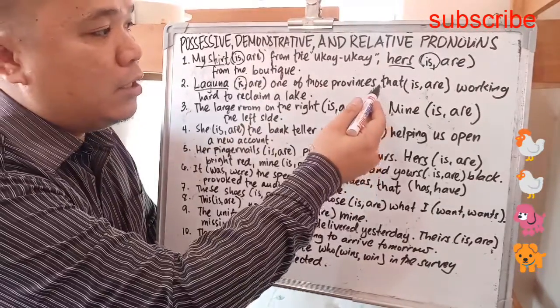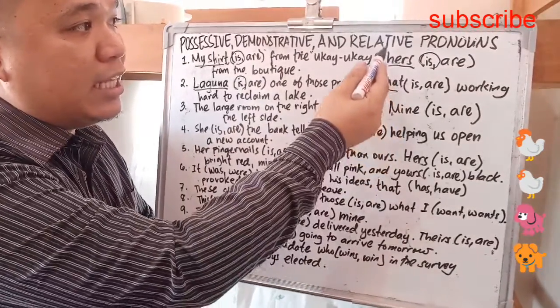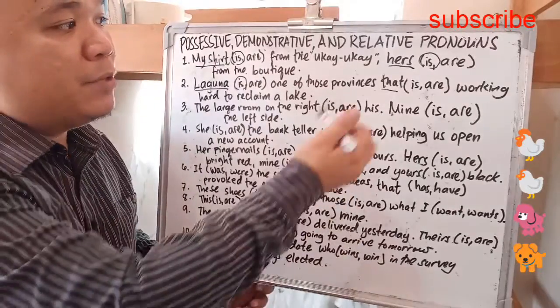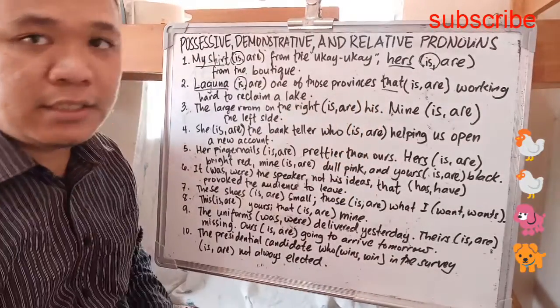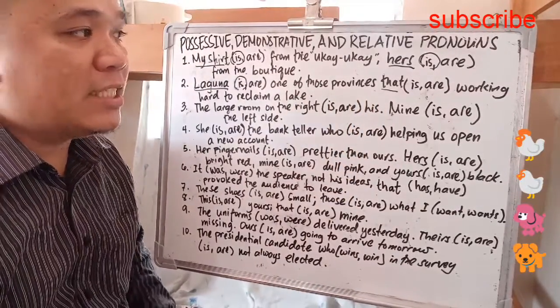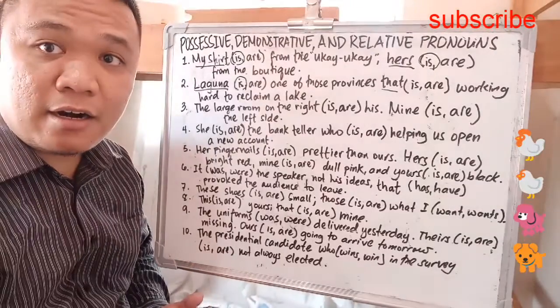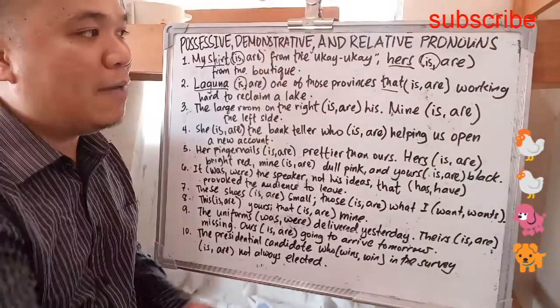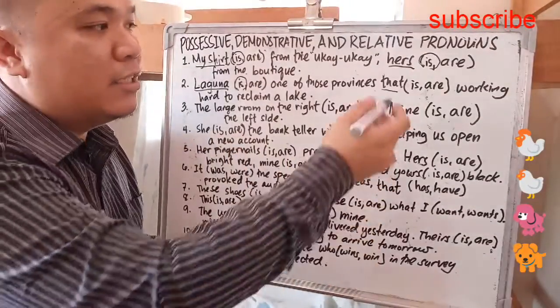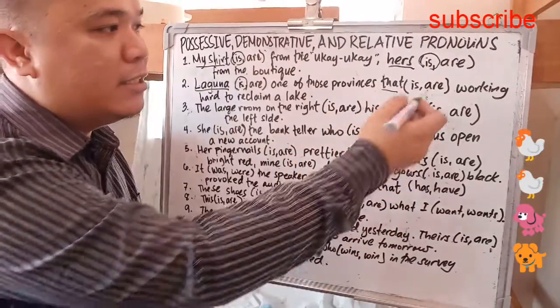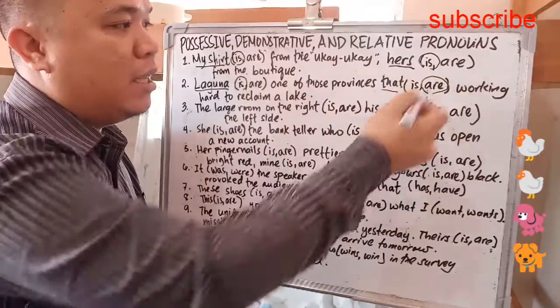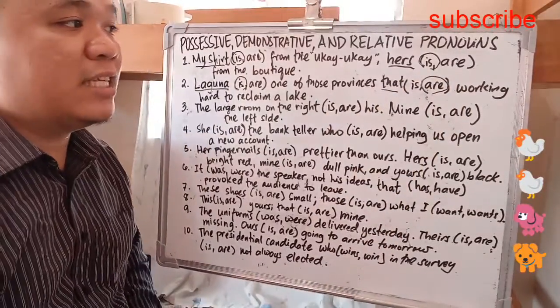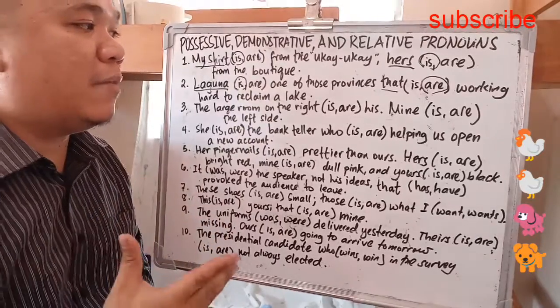Now, the word that is a relative pronoun substituting the word provinces. We're talking about provinces, so there are many provinces, so it should be that are working hard to reclaim the lake.